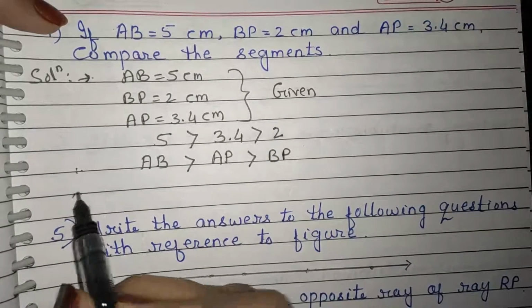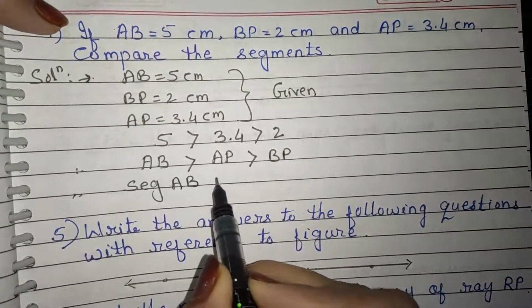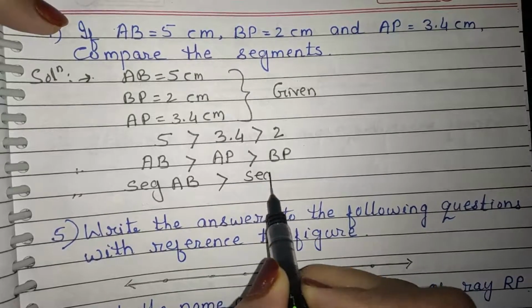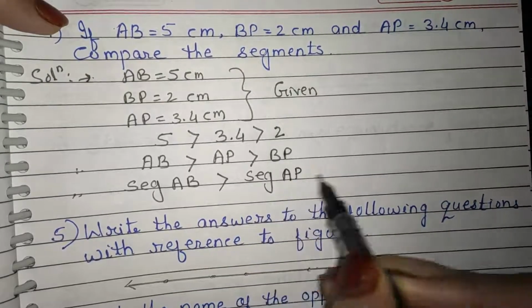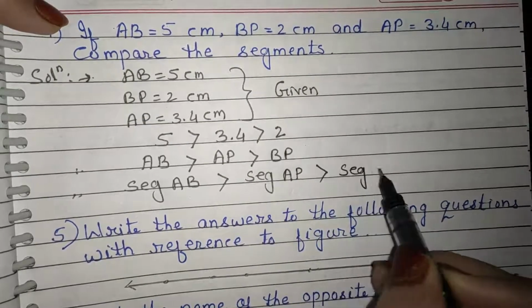Therefore we can write here segment AB is greater than segment AP and segment AP is greater than segment BP.